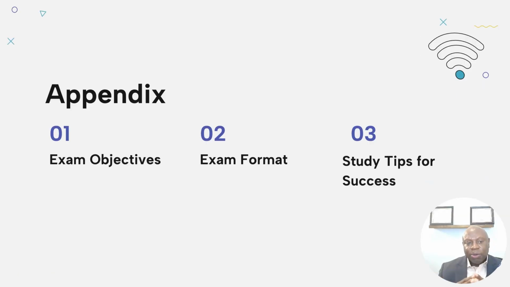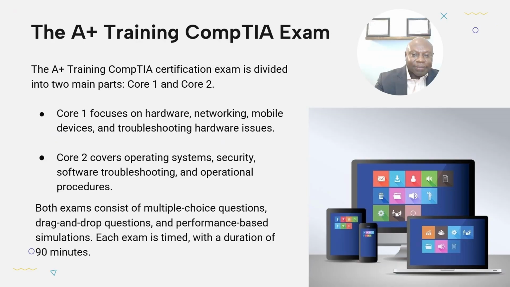So let's go over a couple of things: the exam objectives, the exam format, and some study tips for success. The A+ Training CompTIA exam is made up of two core components. The first focuses on hardware, networking, mobile devices, and troubleshooting hardware issues.